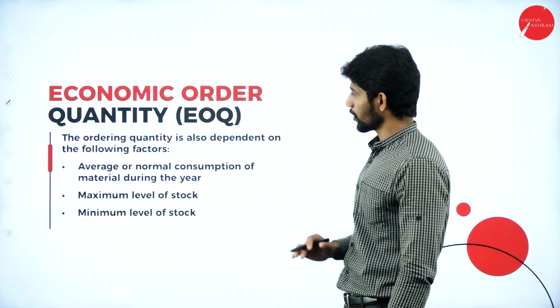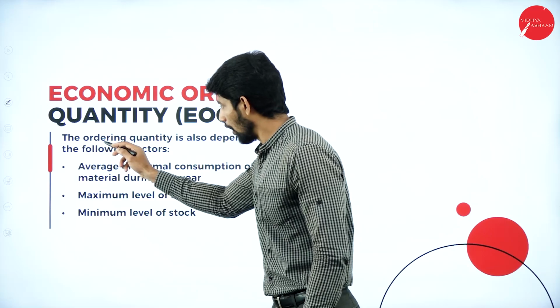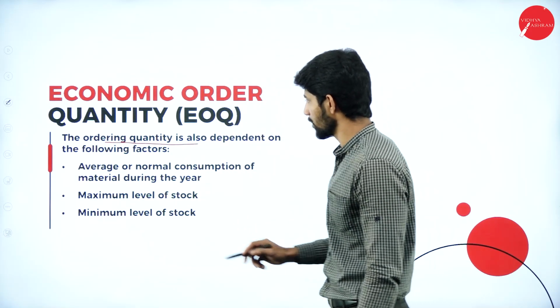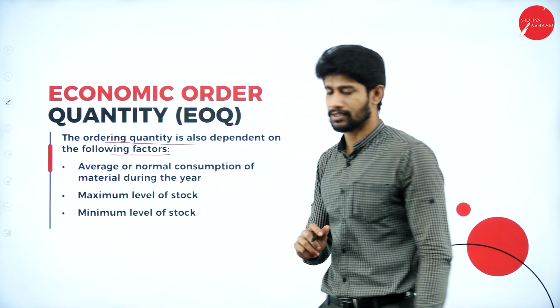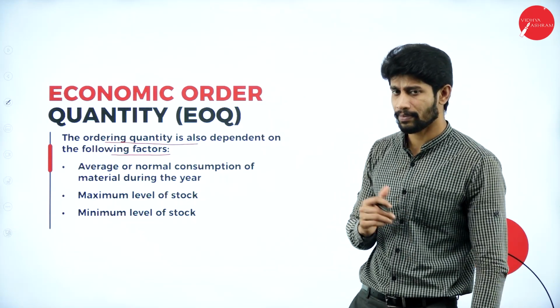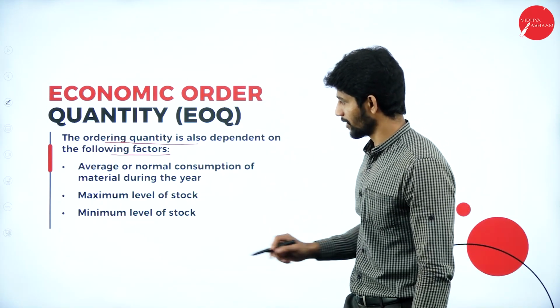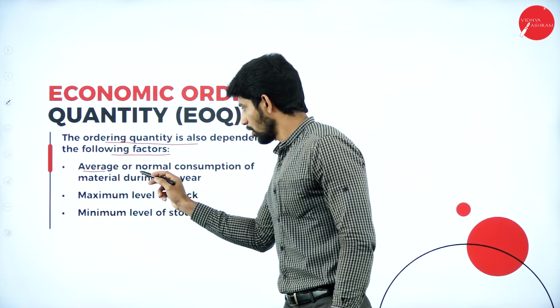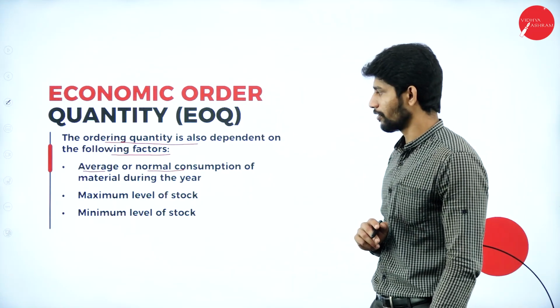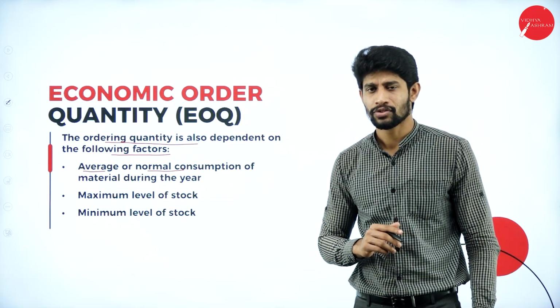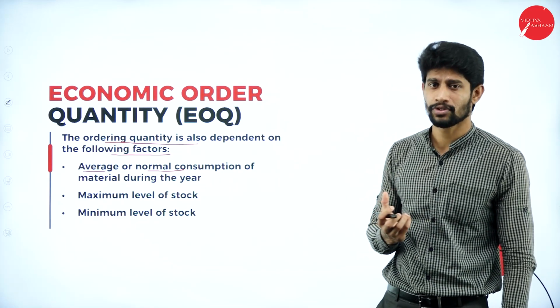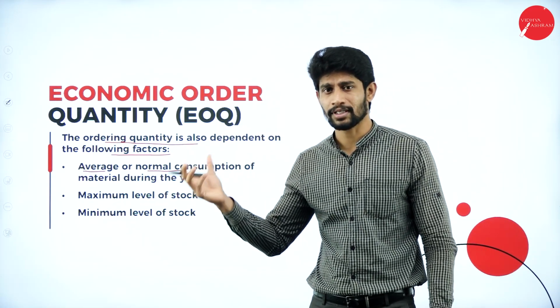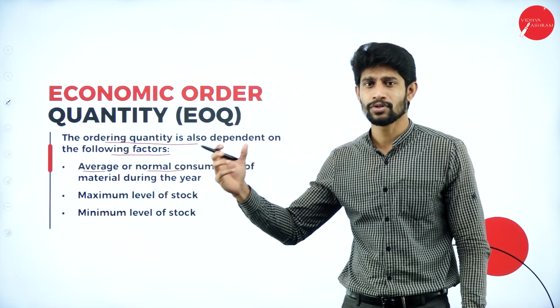Next, the ordering quantity is also dependent on the following factors. The economic order quantity is dependent on the average or normal consumption of material during the year. So based upon the consumption of the material, we are going to order the material.